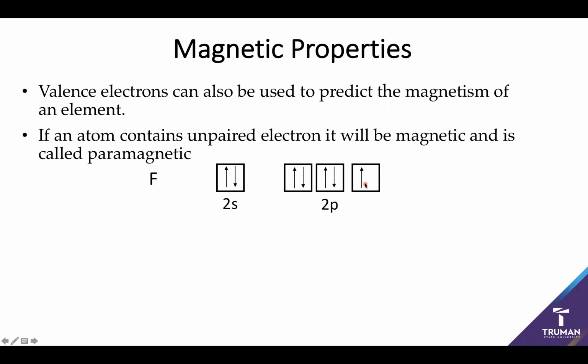I have a single unpaired spin, and so it will generate a slight magnetic field. This is going to be more emphasized when we have multiple parallel spins, thus paramagnetic. When all of your spins line up, you're going to have a much larger magnetic field. So while fluorine would be slightly paramagnetic, oxygen would be more so, and nitrogen even more.